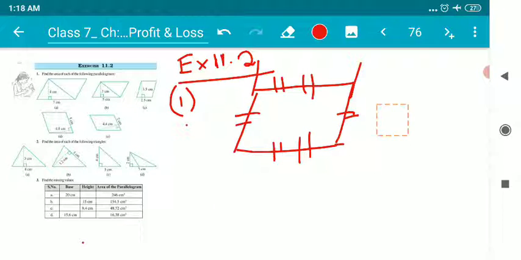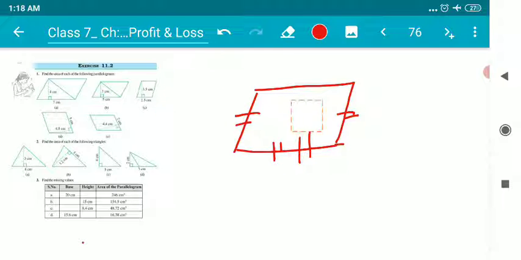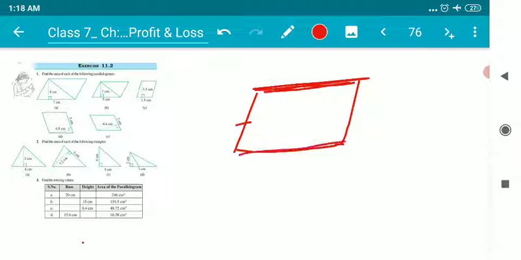Apart from parallel lines, what more can we say about it? In parallelograms, opposite sides are always equal in measure. This side and this side are equal in length. This side and this side are equal in length. Diagonals bisect each other, meaning each diagonal divides the other diagonal into two equal parts. So this part is equal to this part.